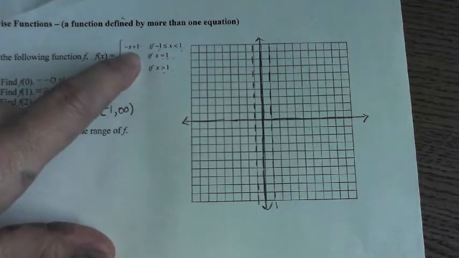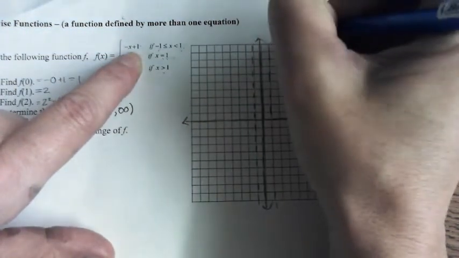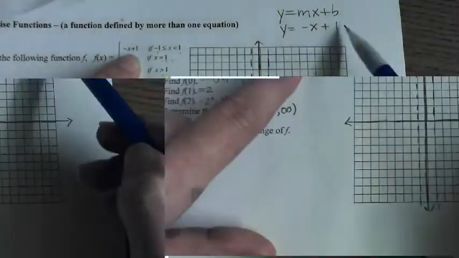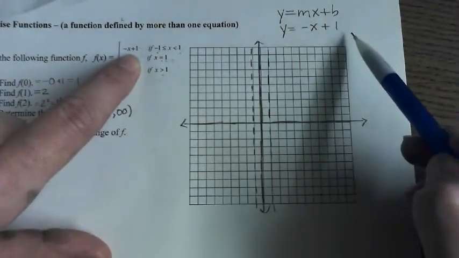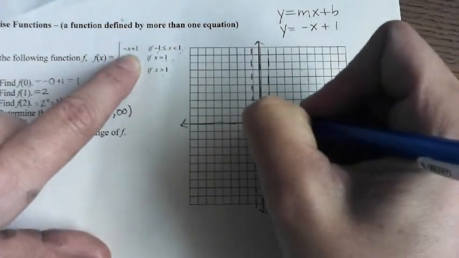So based on y equals mx plus b, Mike, what's the y-intercept? This equation is y equals -x plus 1. So what's my y-intercept here? 1. And what's my slope?